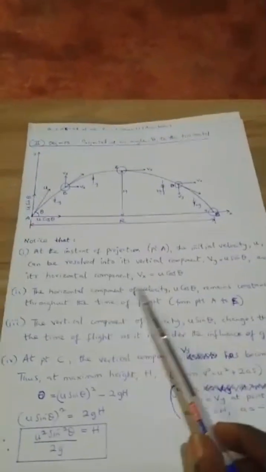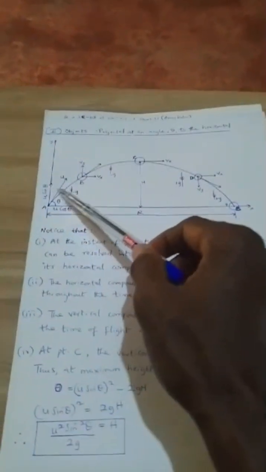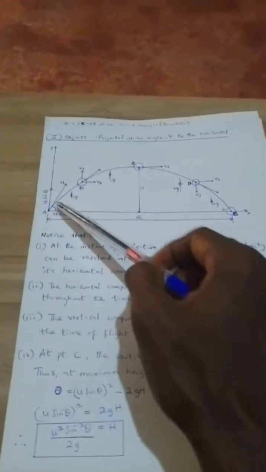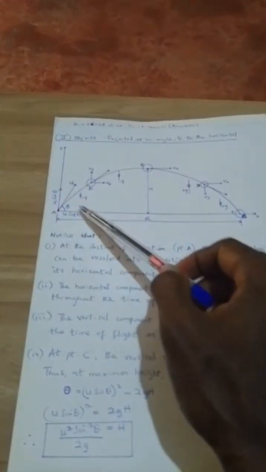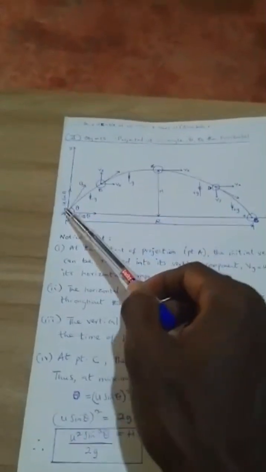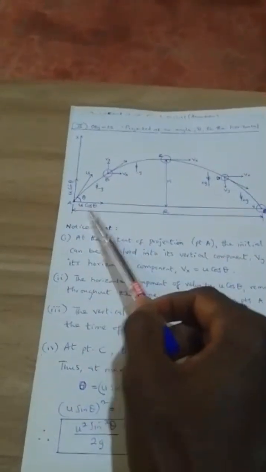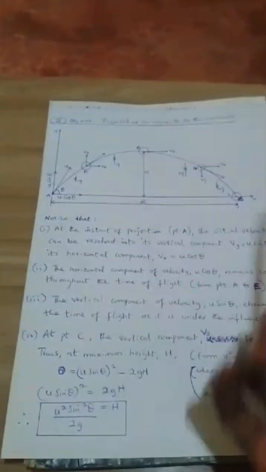Remember we talked about resolution of vectors. So this u can be split into its vertical component u sine theta and its horizontal component u cos theta. Okay, so that's basically projectile motion.